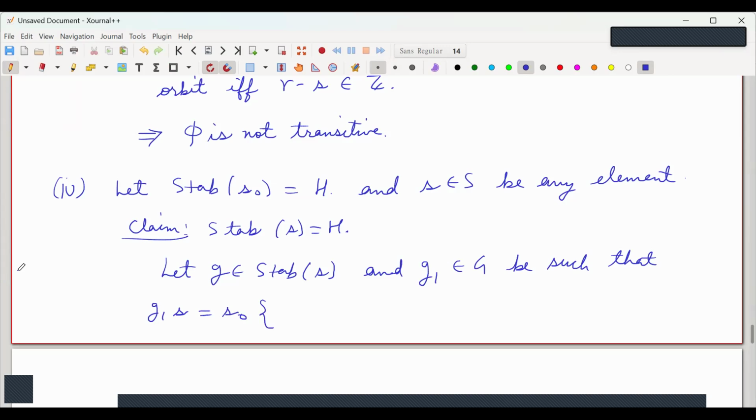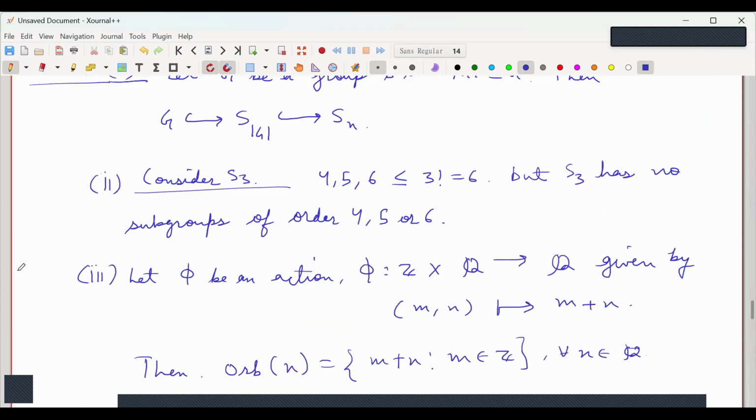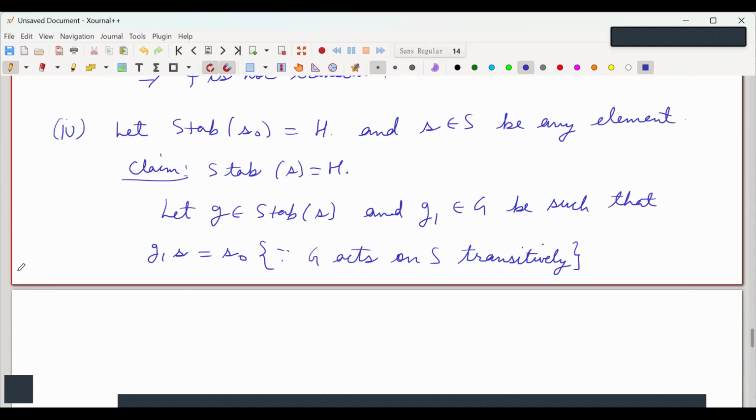Why is this true? This is true because G acts on S transitively. It's already given, right? Since it's transitive, given any s and S naught, there will be a g1 which sends s to S naught.